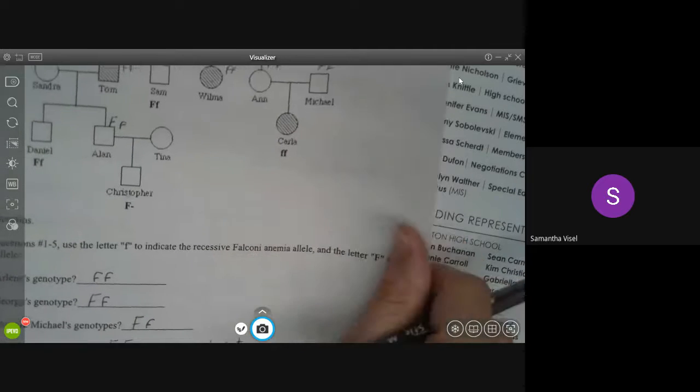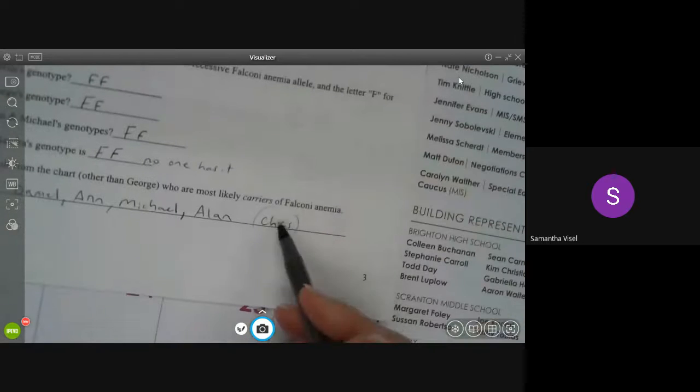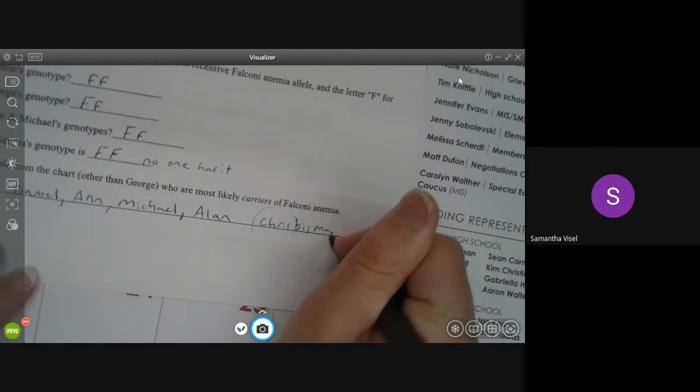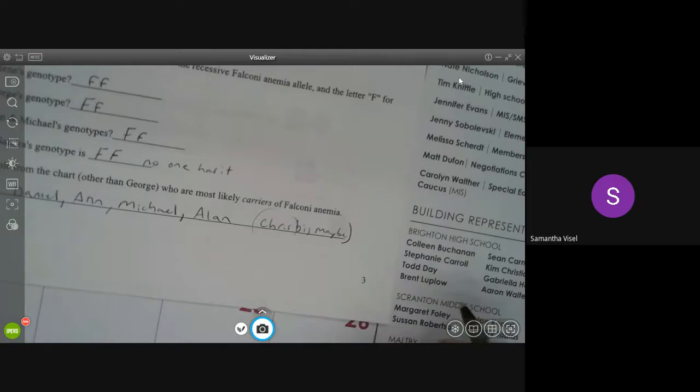So it's a possibility, but we don't quite have enough information to know for sure to make it a most likely scenario here. So Chris is a big maybe in this one. It's possible, but we need to know a little bit more about Tina to know for sure.